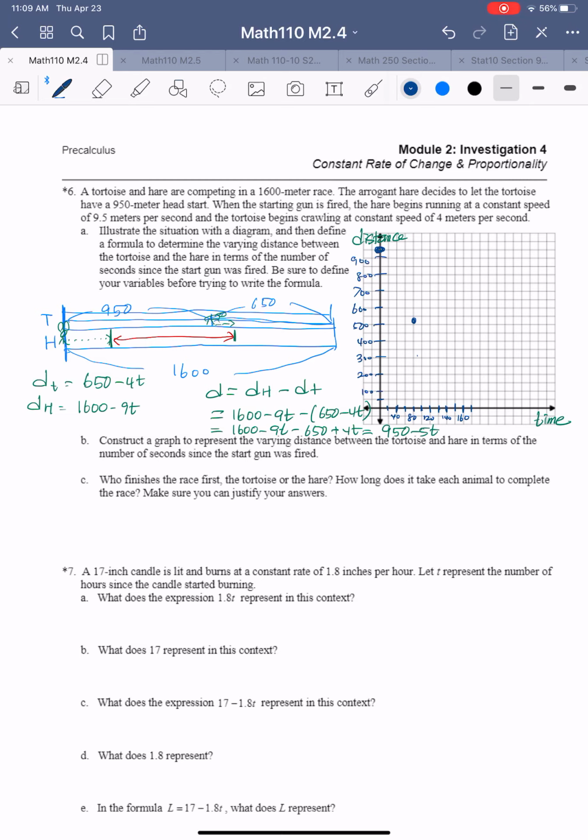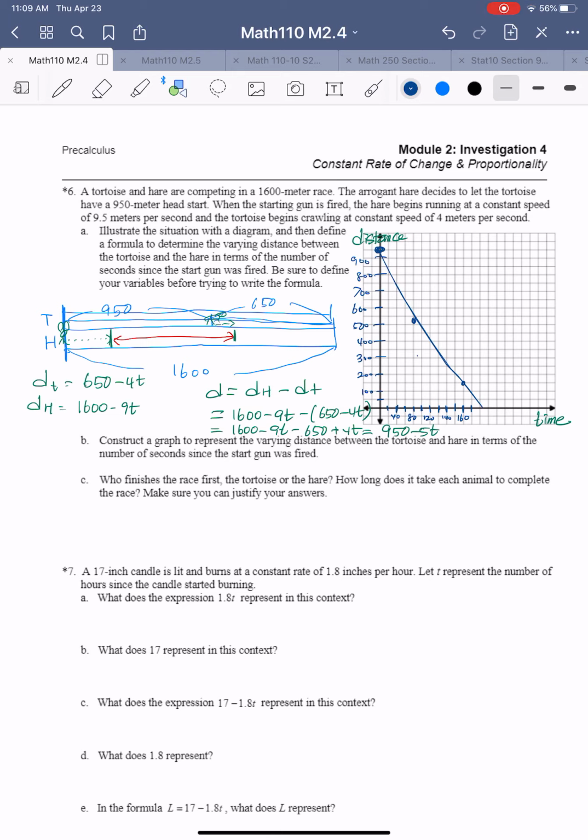And then what about 160 seconds? So 950 minus 5 times 160 seconds, I still have 150. So 160 has 150 right here. If I put a line through this, it ends up like this.